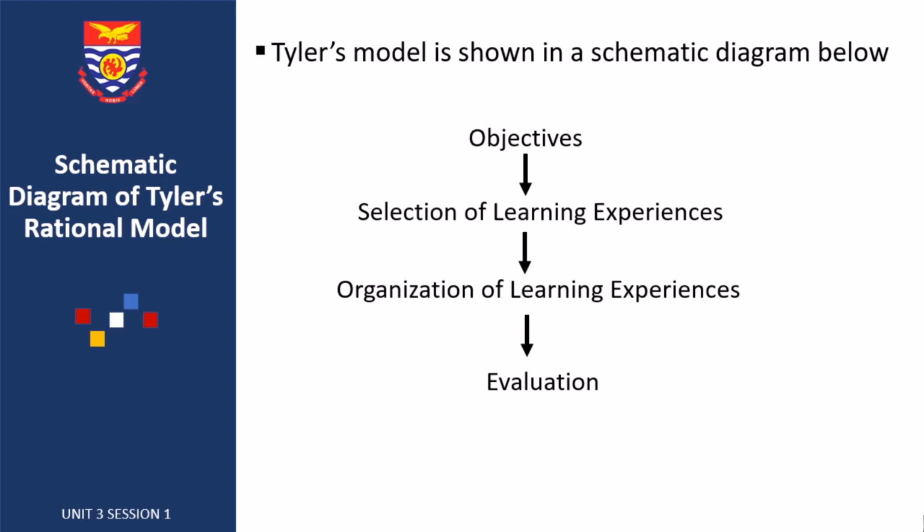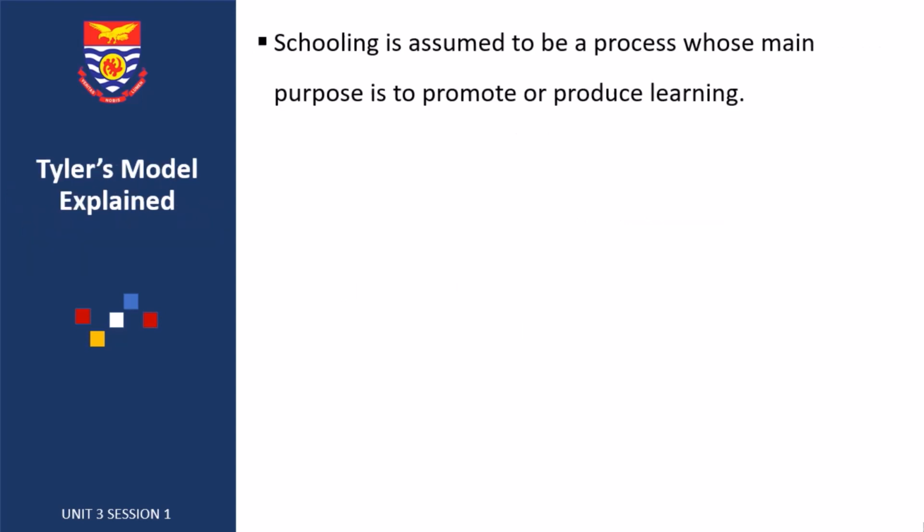Now, when you look at Tyler's model carefully, you realize that evaluation can only occur at the end of the model. So evaluation takes place at the end of presenting the content to the learner. So, to Tyler, schooling is assumed to be a process, and the main purpose of a school is to produce or promote learning.